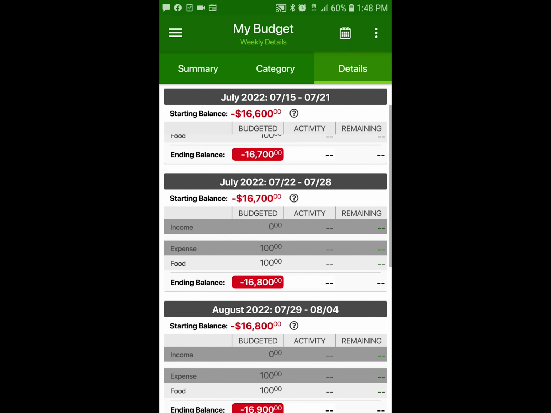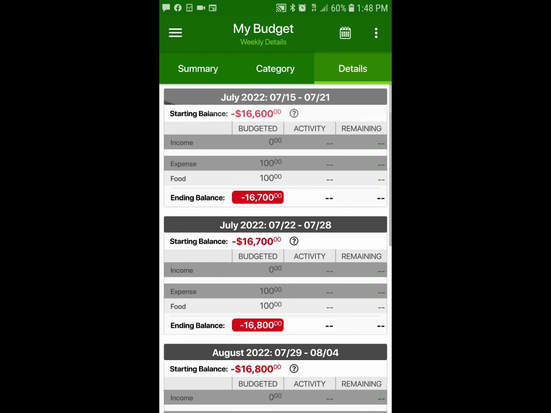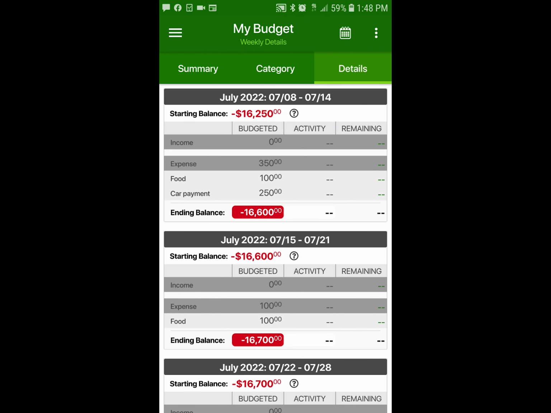So we'll go back here a little bit, and we'll look at July, the previous week. So if you pull down, you notice that little half round circle, it'll load back a week. Now, look here, you got July 8th to July 14th, and there it is, the car payment, right?